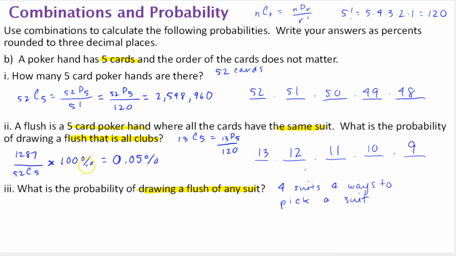So we can multiply this previous result times 4. It'd be like if we added this up 4 times, but we're not going to use the rounded version. We'll go back to the calculator.